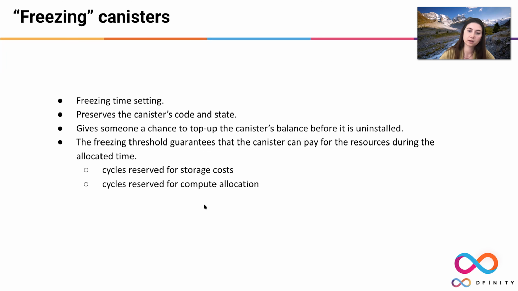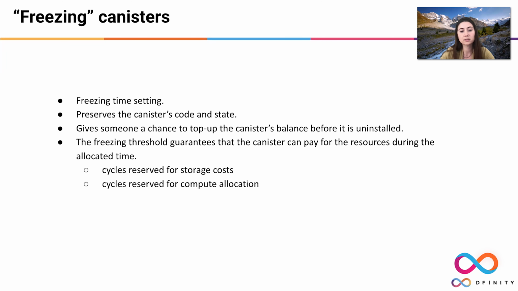Here, as one can imagine, because we reserve this amount of cycles from the balance, the behavior of the canister can be slightly changed, because there can be situations when the canister cannot pay for normal operation because the surplus of the balance is not high enough to pay for a normal fee.